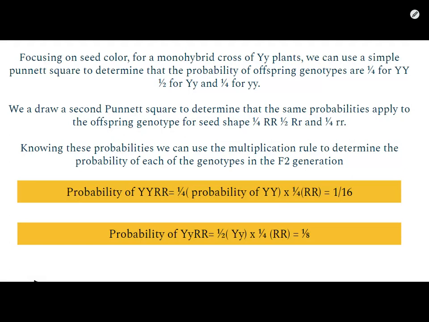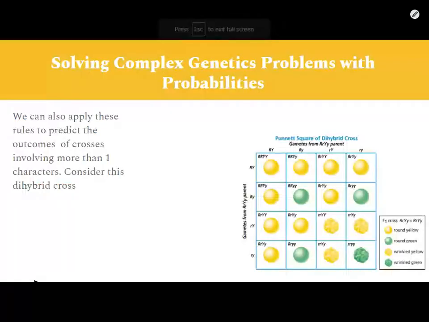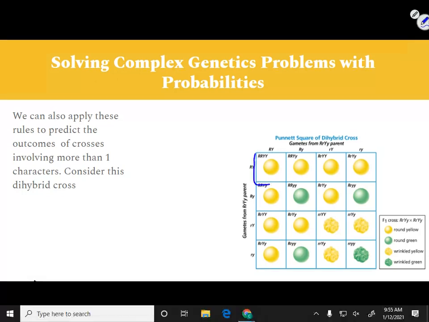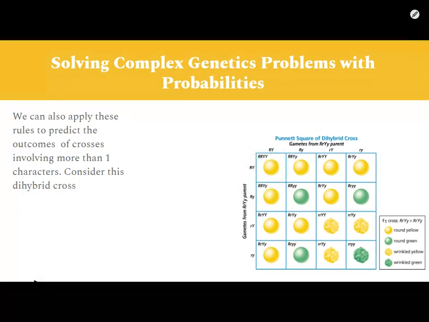So in our dihybrid cross, there's a 1 in 16 chance of getting 2 dominant Ys and 2 dominant Rs. Does that make sense? And if we were to go back to our Punnett square, we could make the dihybrid cross and then look through all of these and see that only one of them has both dominant ones. Or we can do the math really quick.